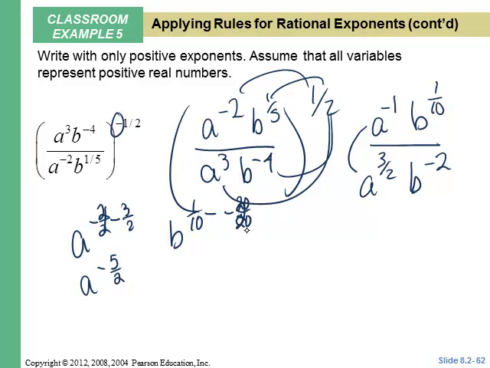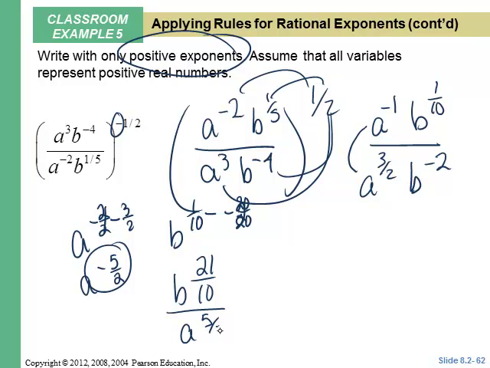So 1/10 plus 20/10 is b to the positive 21/10. We want them to have only positive exponents, so a goes to the bottom, in the denominator.